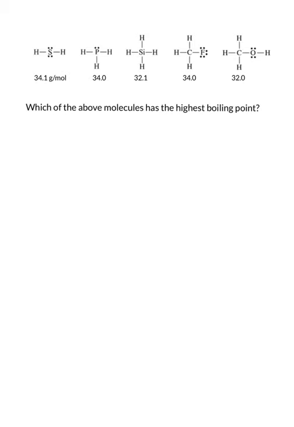So let's think about different types of molecules and what their strongest intermolecular forces of attraction might be. So we'll take H2S first. H2S has a structure given here that in three-dimensional geometry might look something like this.